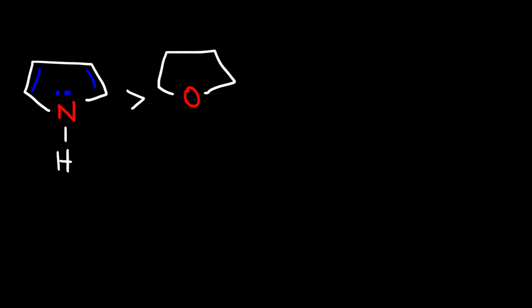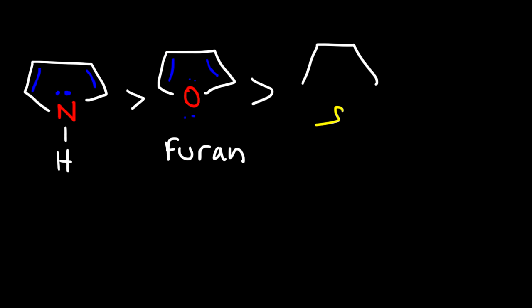Now let's talk about the relative reactivities of some of these aromatic heterocycles in reference to benzene. So pyrrole is more nucleophilic than furan, which looks like this. It's a 5-membered ring, but with an oxygen instead of a nitrogen atom. And furan is more nucleophilic than thiophene.